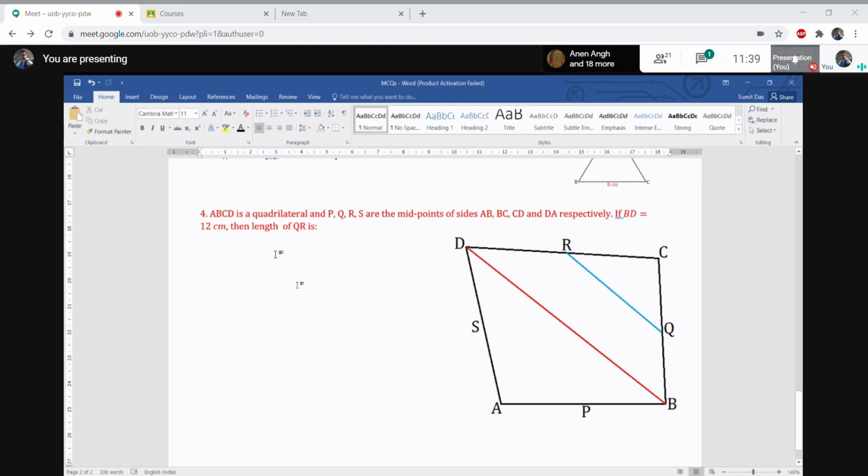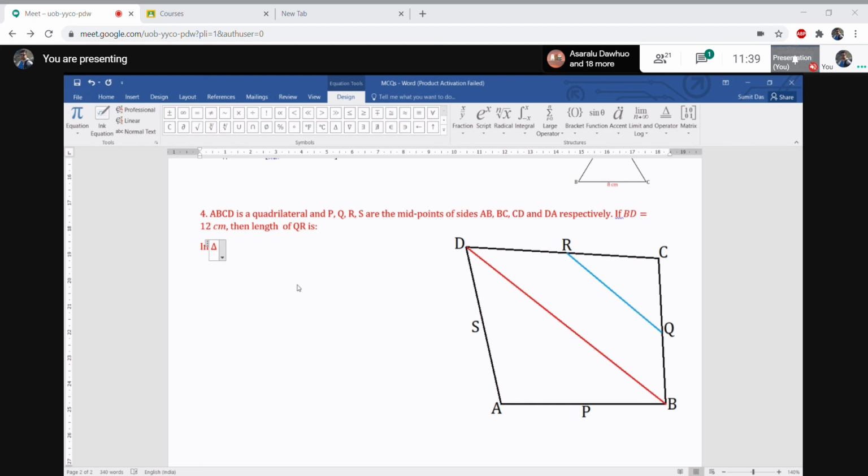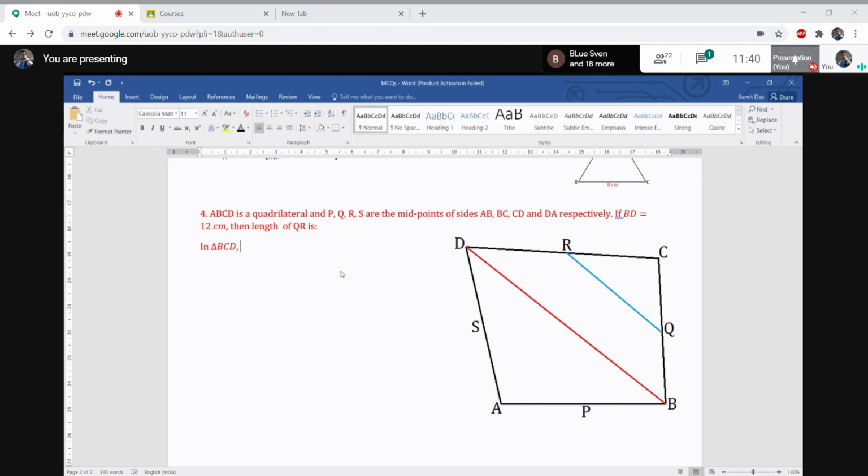Now in triangle BCD, you can see that R and Q are the midpoints of the sides CD and CB.